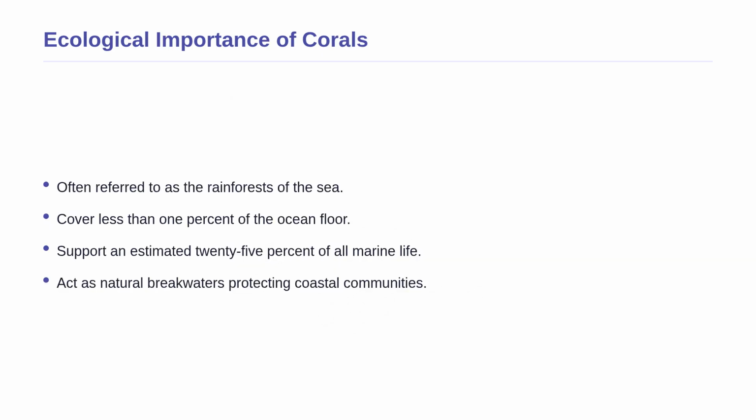Understanding their biology helps us appreciate their immense ecological value. Corals are incredibly important because they form the foundational structure of coral reefs, often referred to as the rainforests of the sea. It is staggering to think that even though coral reefs cover less than 1% of the ocean floor, they support an estimated 25% of all marine life.